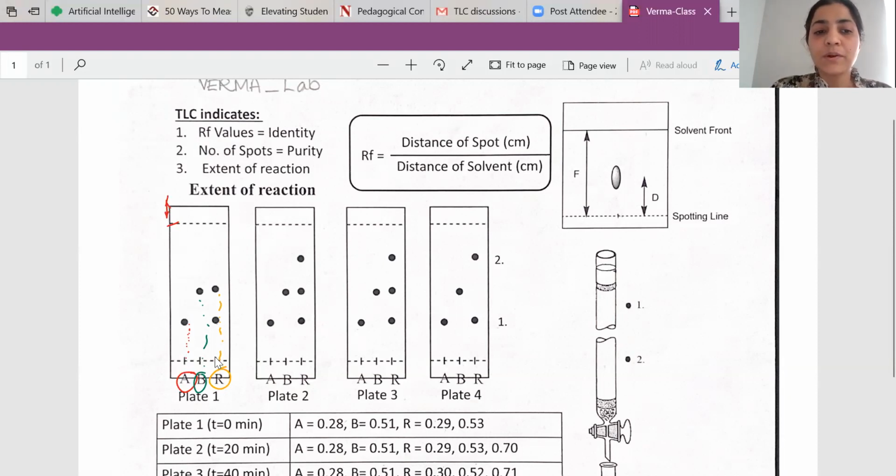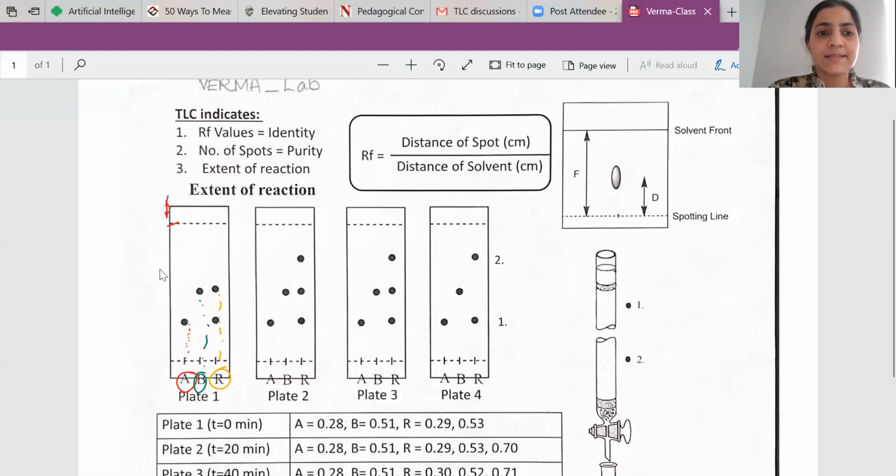On the other hand, when you look at R, we see two spots in this lane. Is the sample R pure or impure? Because you have more than one spot, sample R is impure.